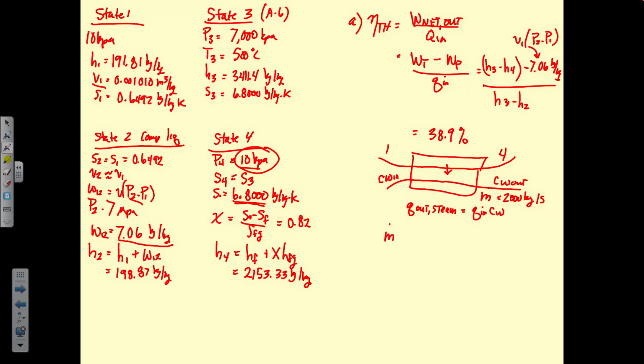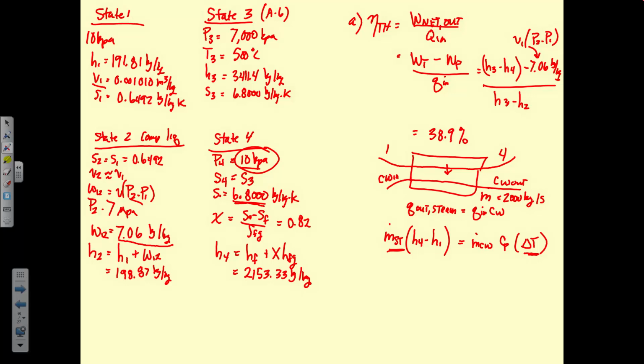Or we can say m dot of the steam times H4 minus H1 is equal to m dot of the cooling water times C sub P times this delta T of the cooling water. So we need to find this increase in temperature of the cooling water. We also need to find the mass flow rate of steam.